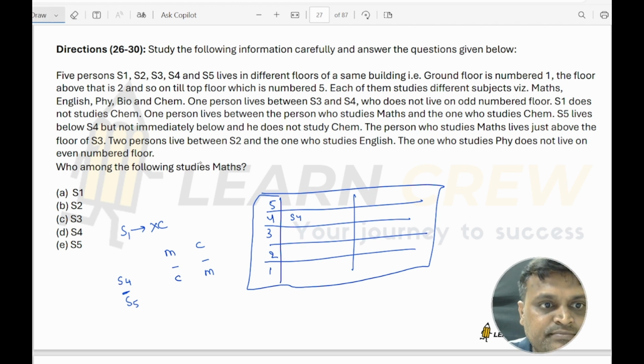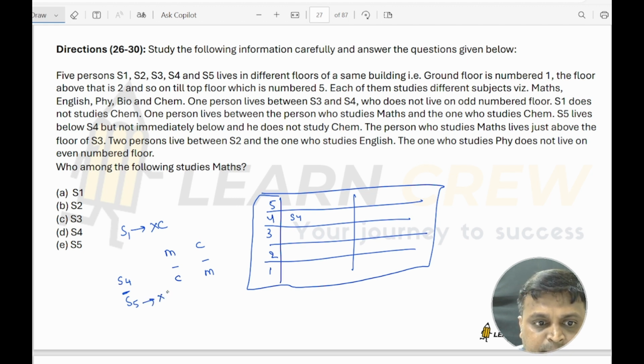Next, S5 lives below S4 but not immediately below, and S5 does not study chemistry. So S1 is not chemistry and S5 is also not chemistry.